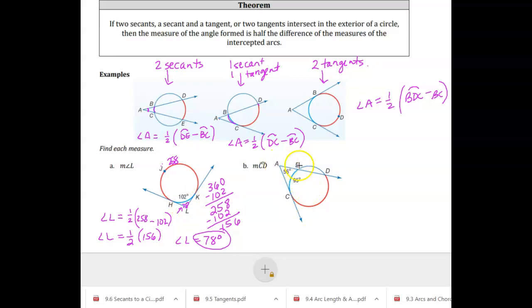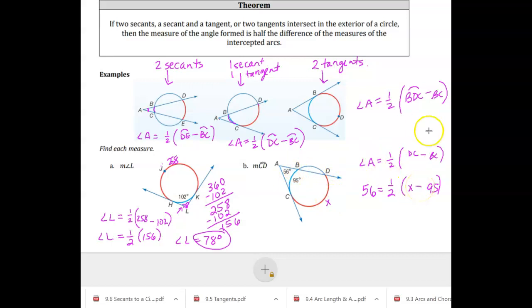All right, this one's a little different. We have a tangent and a secant. So our angle is equal to half of our outside arc minus our inside arc, BC. Well, I know angle A, so that's 56. And half of, we know this arc is 95. You can think about this logically. You don't have to use an equation. And then I could find this measure, except that part's missing. So that's why we want to use our formula. We're going to let this be x.